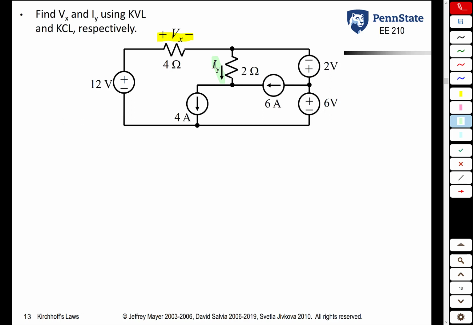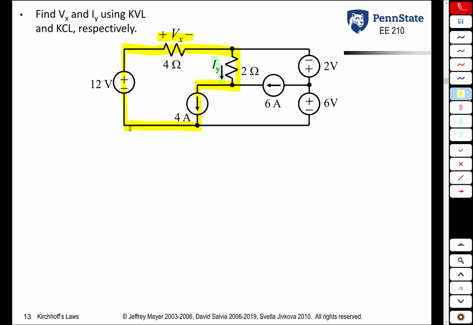Your first inclination might be to do KVL and sum the voltage drops across these elements. You know the voltage drop across a 12 volt voltage source is 12 volts. Vx, the voltage drop across the 4 ohm resistor, is what we're looking for.